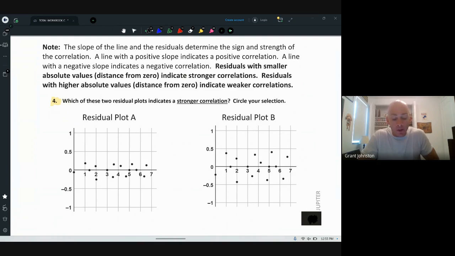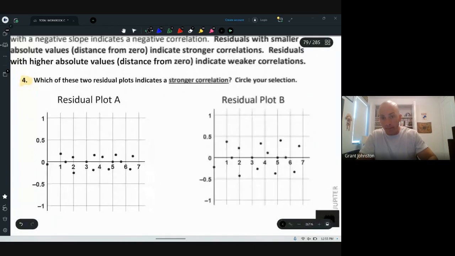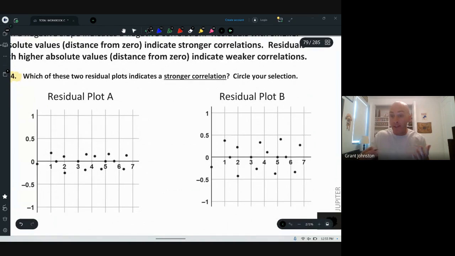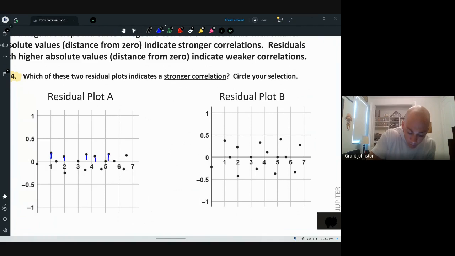So in number 4, it says, which of these 2 residual plots indicates a stronger correlation? Well, let's look at them. Which ones have smaller absolute values? Which ones are closer to 0? Look at these residuals. Which ones are more spread out? Or, less spread out is the question I'm really asking.